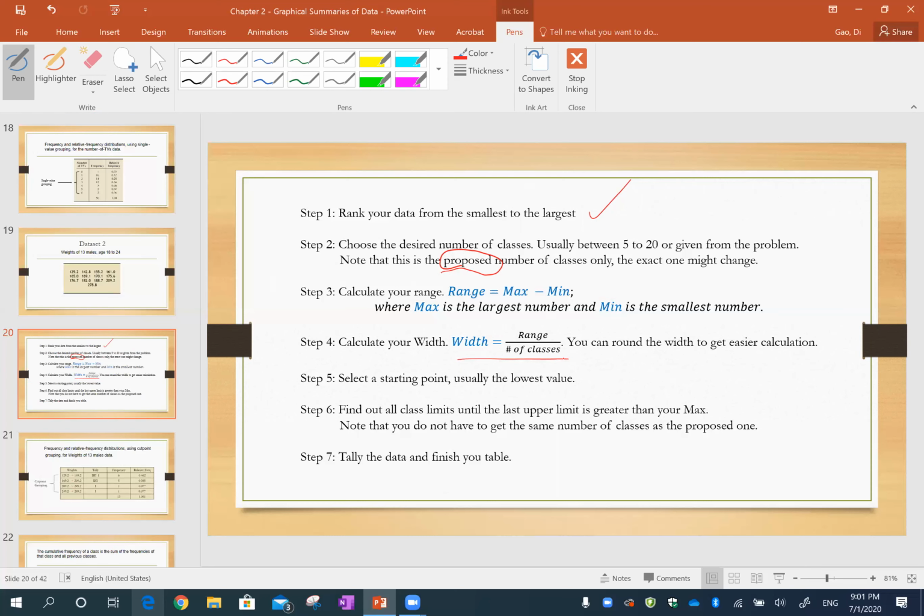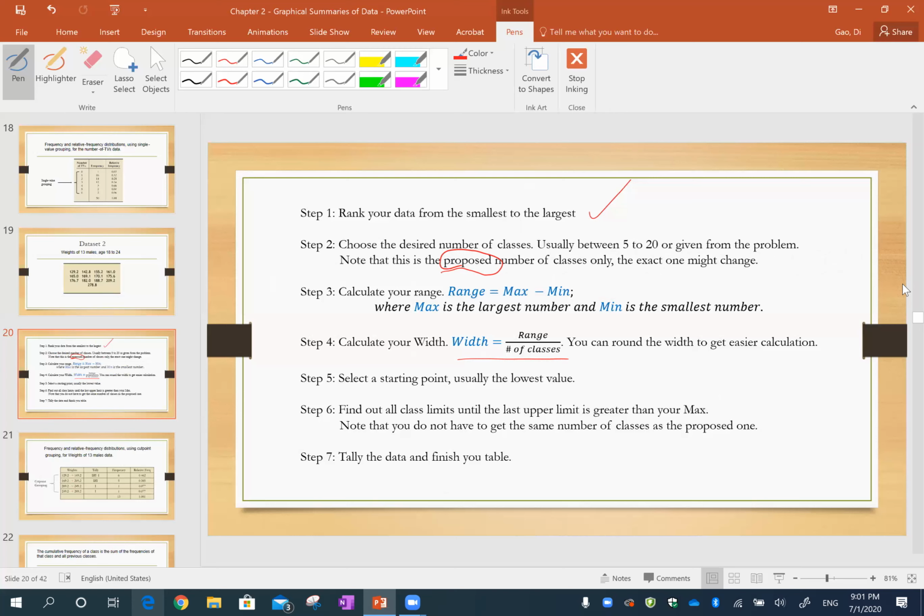Then you want to round it to a reasonable number that makes it easier to form the class groups. For the classes, as long as it's reasonable and makes sense, we don't need it to be exact. So now let's use data set 2 to see how to finish these 7 steps.